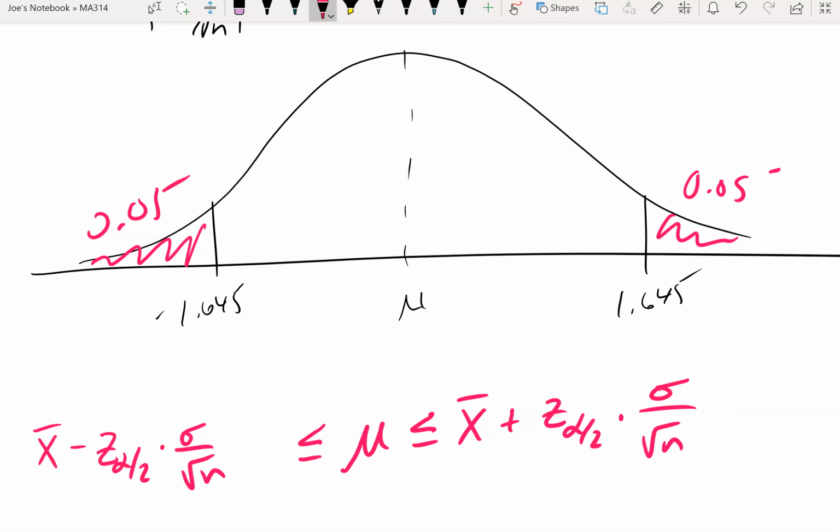All right, so the actual computation of these things is not difficult because that's the formula, okay? And then when you get to an interpretation, what you're saying is you've constructed an interval that should contain the mean, right?